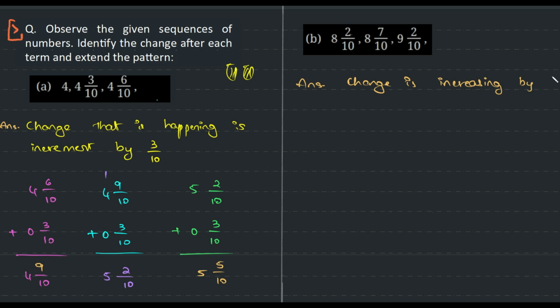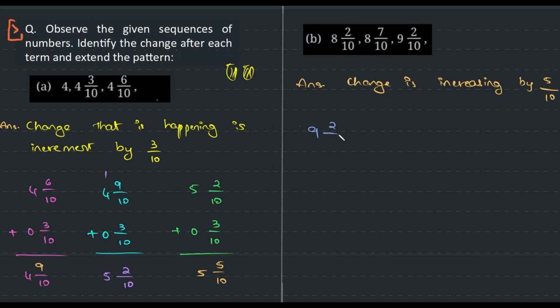So this is basically 5 tenths. That's the amount of increase. Change is increasing by 5 tenths. Okay, the numbers are increasing in 5 tenths. I'm not writing the exact language, but yes, that's the whole funda.